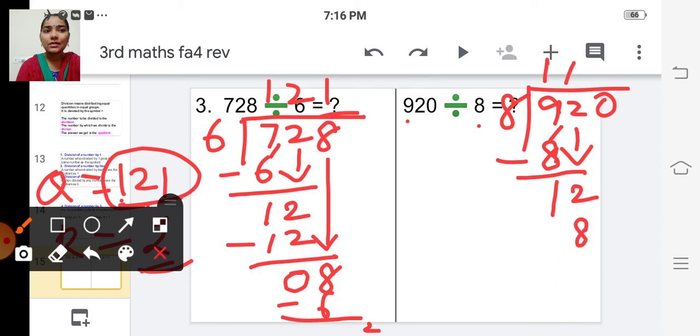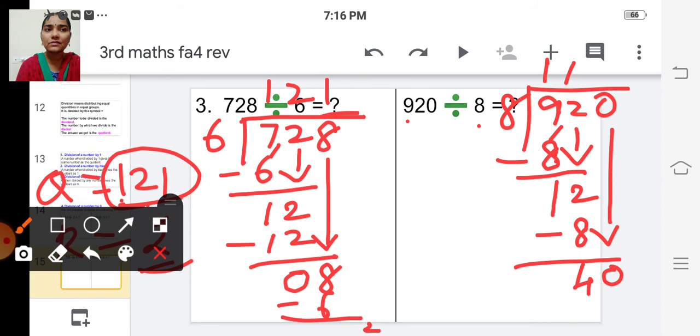So 12 minus 8 is 4, and now bring down the 0 here. So how many times will it go? 5 times, isn't it? If you know the multiplication tables only, you can do it neatly and fast.